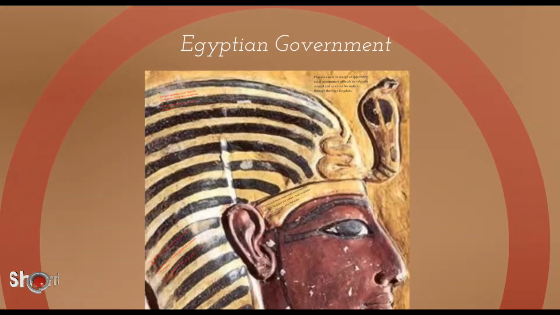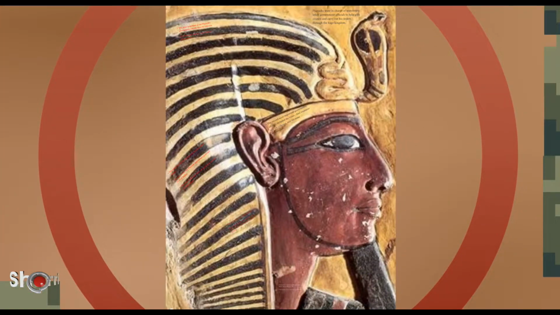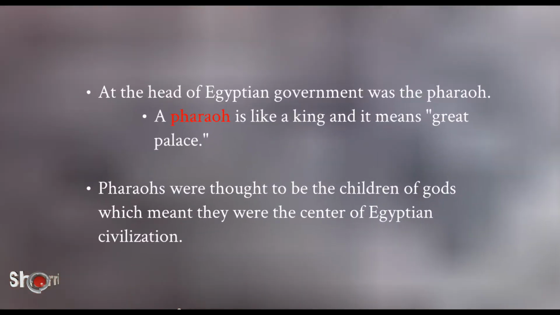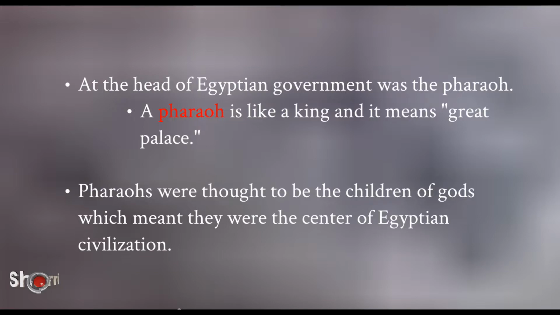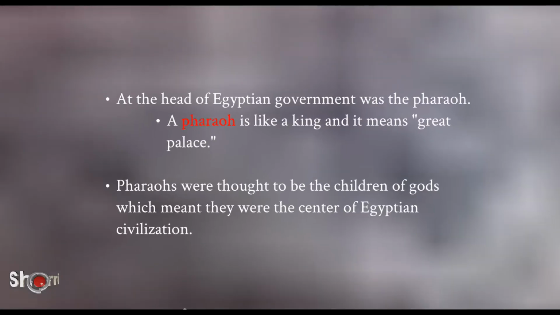Egyptian government. At the head of Egyptian government was the pharaoh. A pharaoh is like a king, and it means great place. Pharaohs were taught to be the children of gods, which meant they were the center of Egyptian civilization.